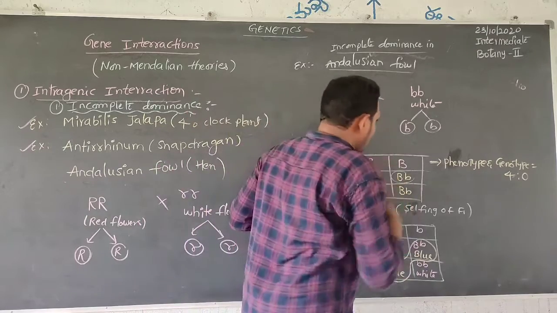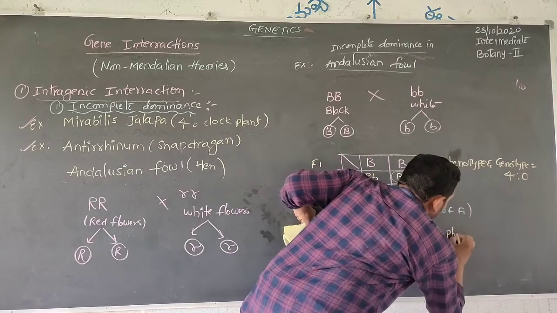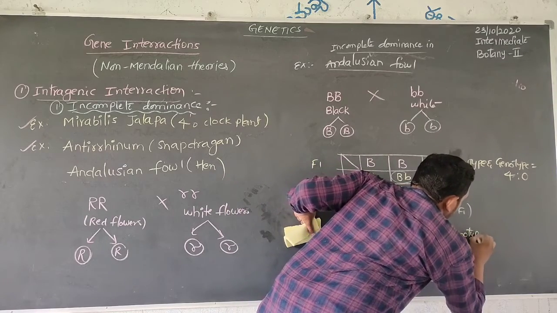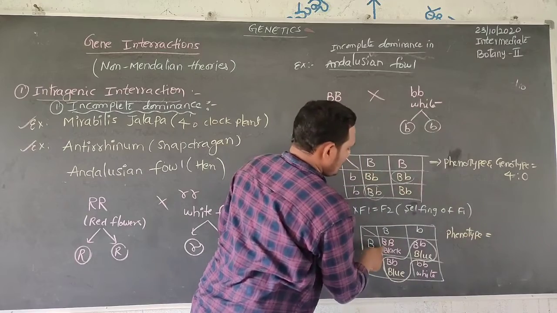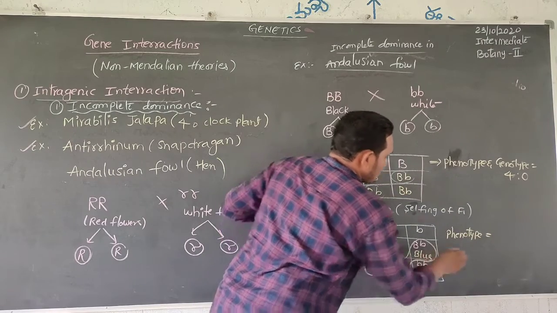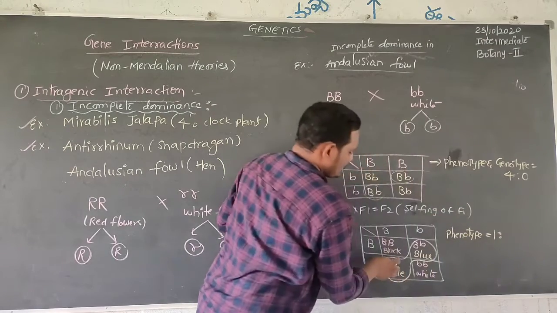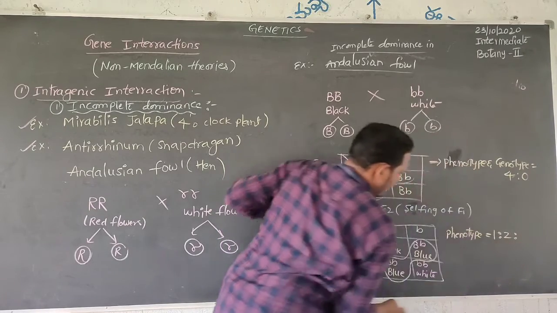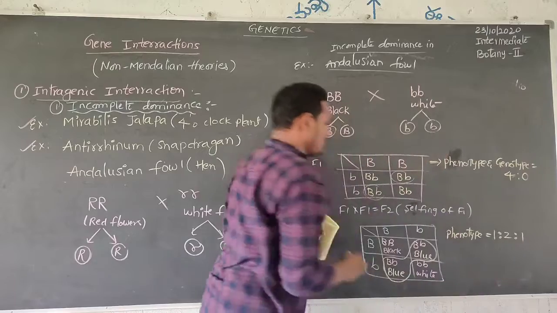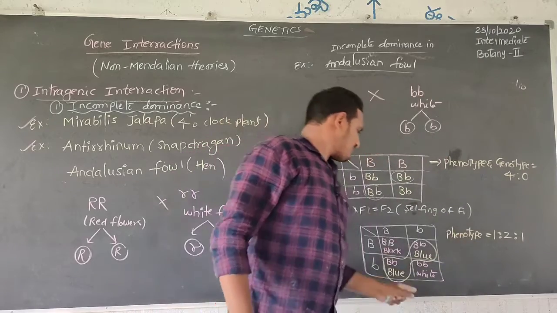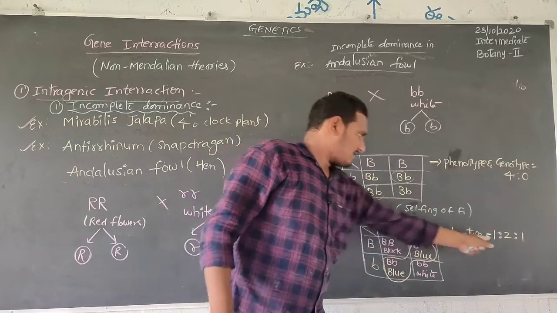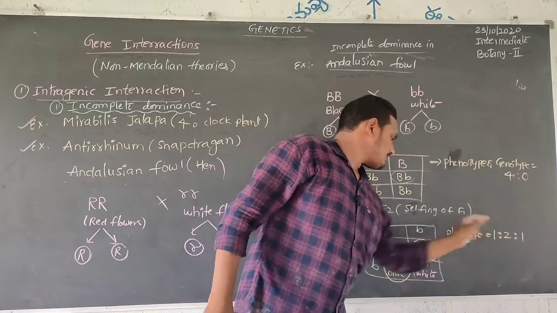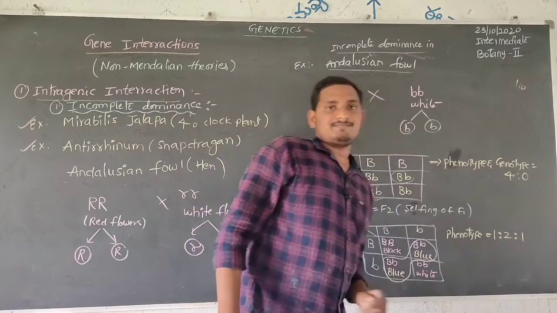So here, phenotype ratio is black one, blue two, and white one. It means black one, blue two, white one.